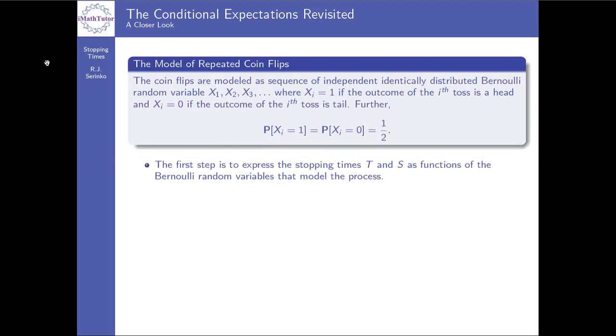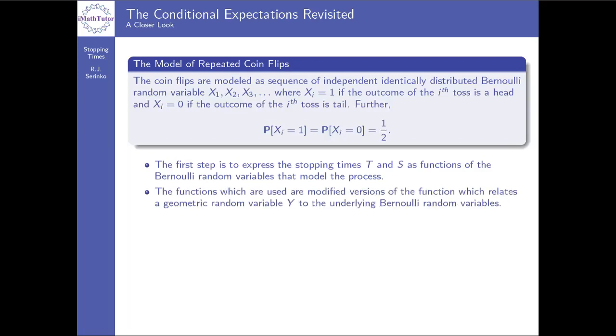Here, for your reference, is the model of a repeated coin flip. The first step is to express the stopping times t and s as a function of the Bernoulli random variables that model the process. The functions which are used are modified versions of the function which relates a geometric random variable y to the underlying Bernoulli random variables. This well-known function is presented as motivation for what follows.